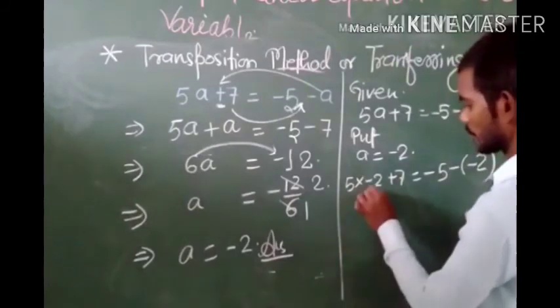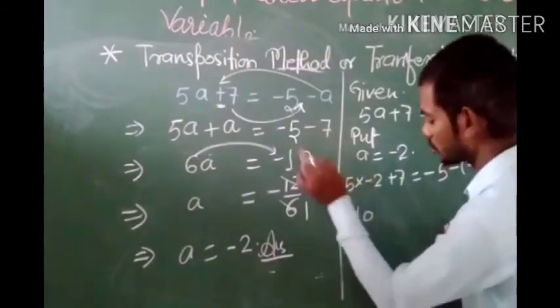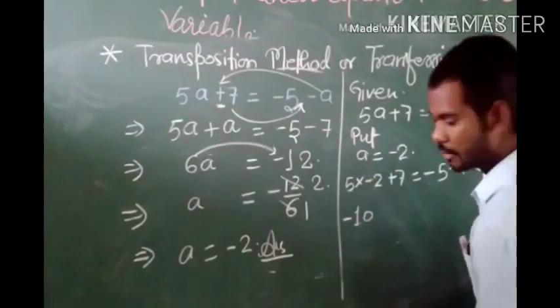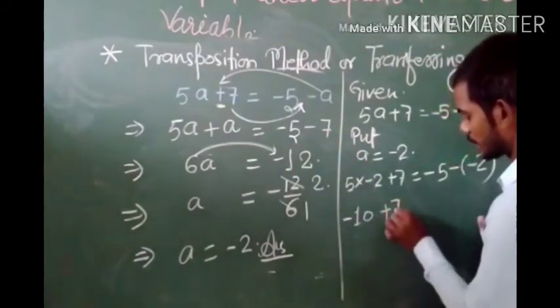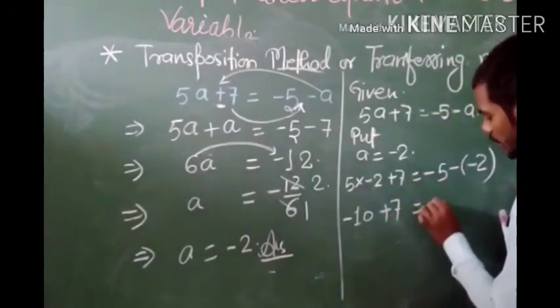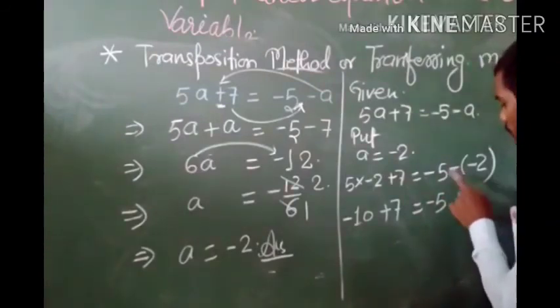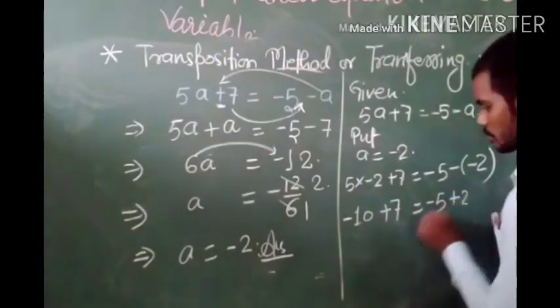Now solve this. 5 times 2 is 10. Minus multiplied by plus is equal to minus. So this is minus 10 plus 7, is equal to minus 5, which remains as it is, minus minus 2. Minus multiplied by minus is equal to plus 2.